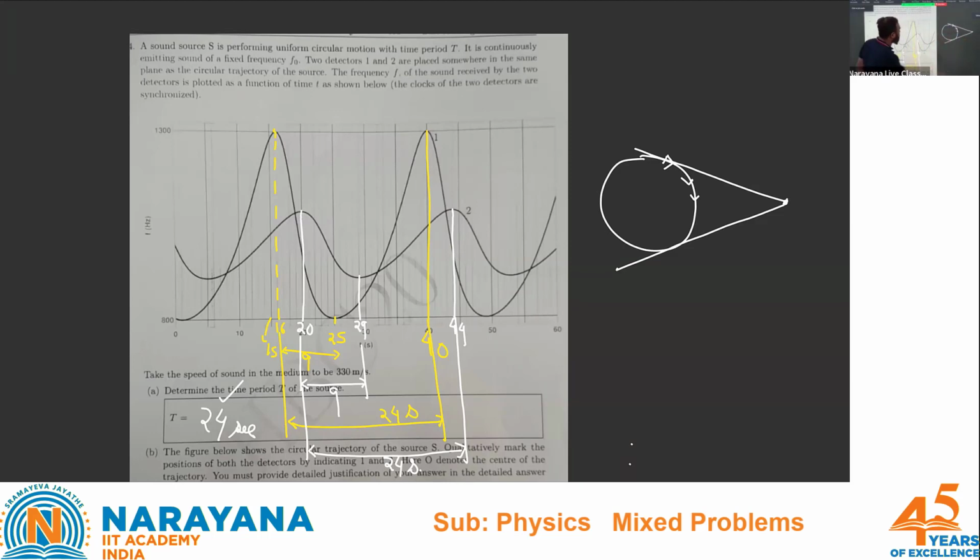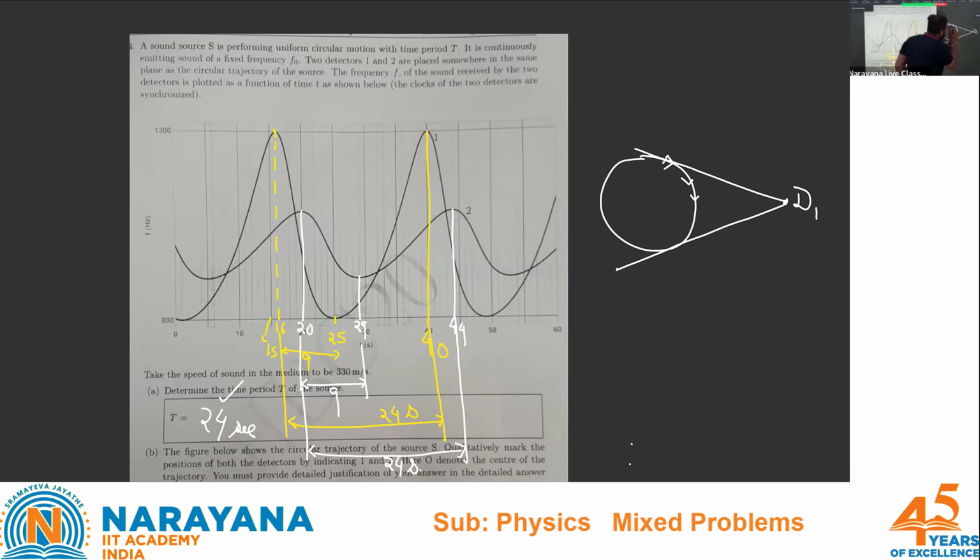So that is the max to max gap. One thing we need to observe: if this is one of the detectors who is outside, it is clear that he will have a time period of 24 seconds because that gap is also 24. Remember, what I'm saying now will be used in the last step, so you have to be careful.